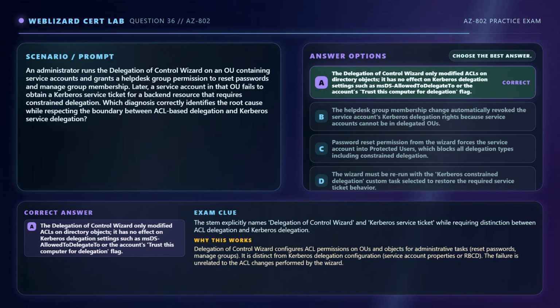It is distinct from Kerberos delegation configuration, service account properties, or RBCD. The failure is unrelated to the ACL changes performed by the wizard. The stem explicitly names the delegation of control wizard and Kerberos service ticket, while requiring distinction between ACL delegation and Kerberos delegation.